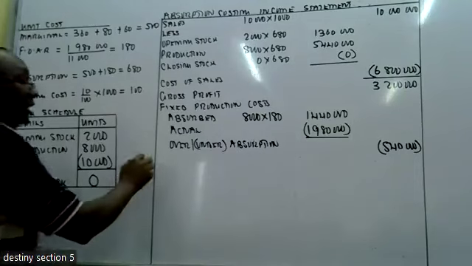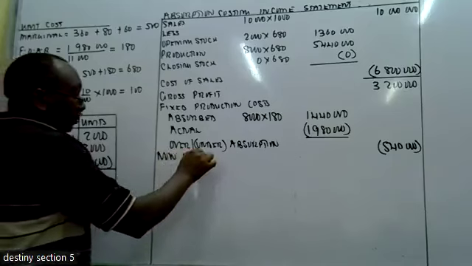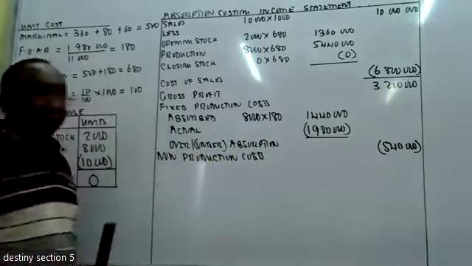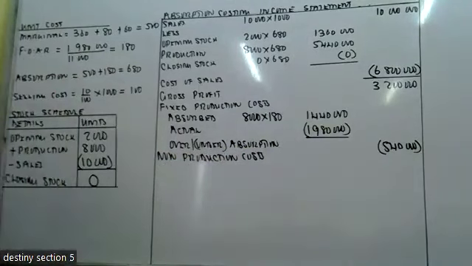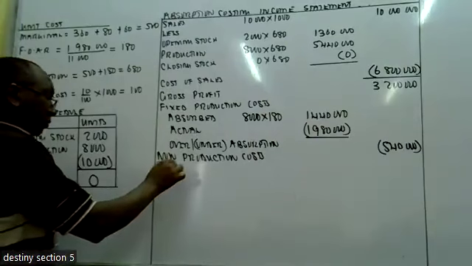You now bring the non-production costs. The non-production costs, we have said they are two categories. We start with the variable.